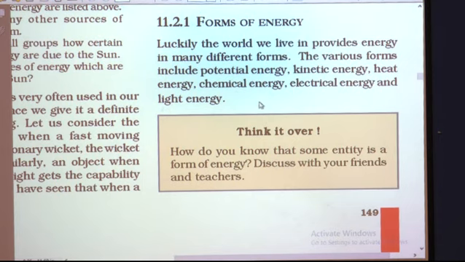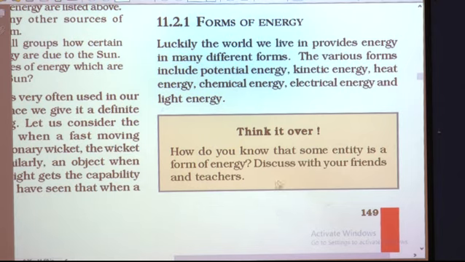These are some examples. There are many more like geothermal energy, hydro energy, tidal energy, etc. Potential energy and kinetic energy are also called mechanical energy. In this chapter we are going to discuss only these two forms, that is potential energy and kinetic energy.